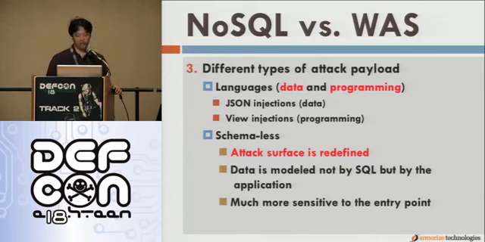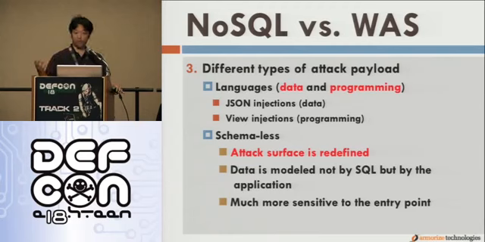First of all, the different languages, both in terms of data and programming. For example, data manipulation refers to JSON injections. What is the language to be used? It's JSON. So do we have a JSON-based pattern database for our injection purposes?